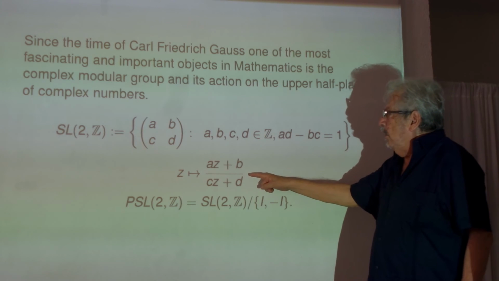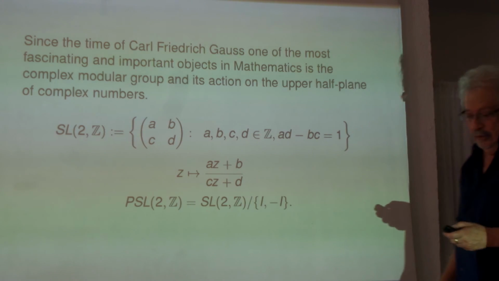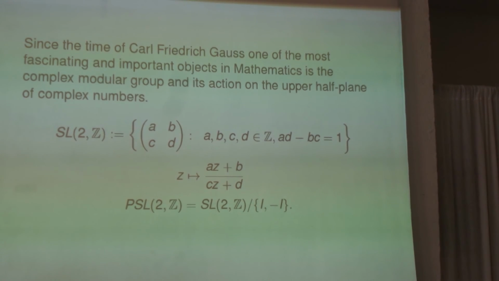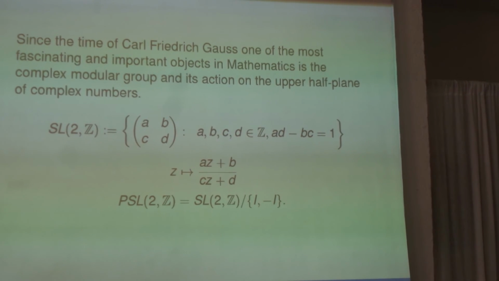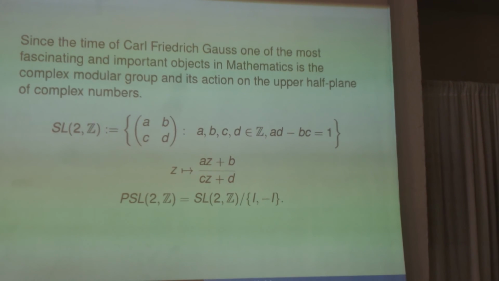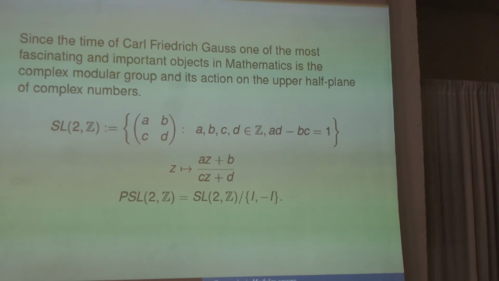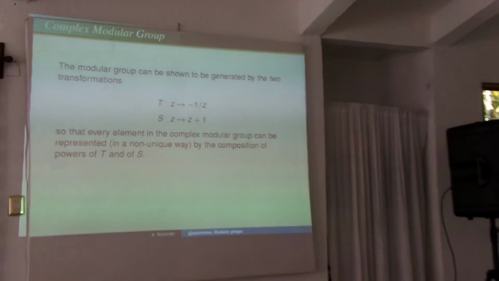It acts on the upper half plane, with the formula we all know from the most basic courses. It has applications to number theory, to elliptic curves, and to infinitely many other areas.